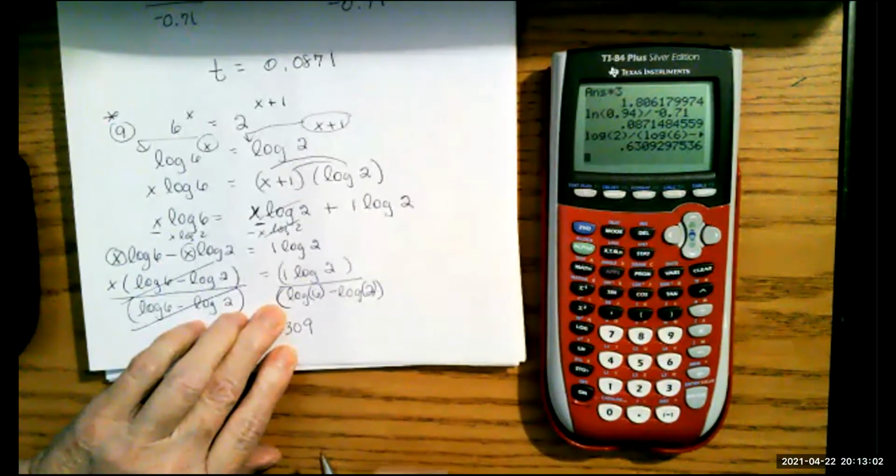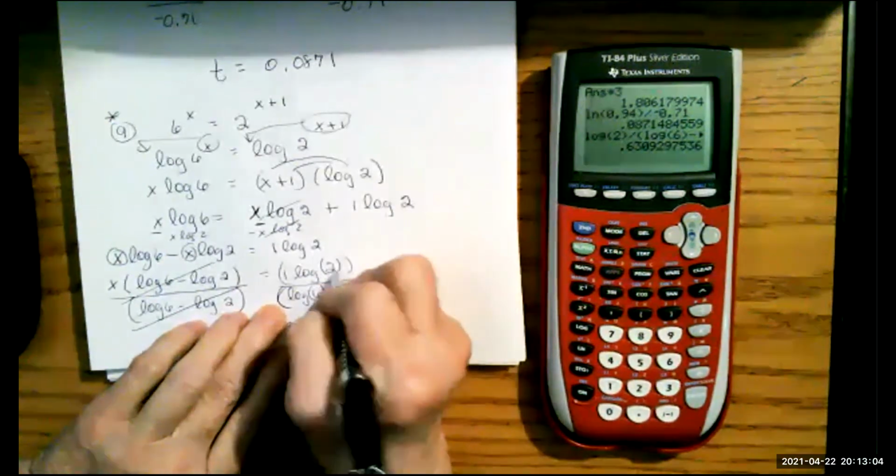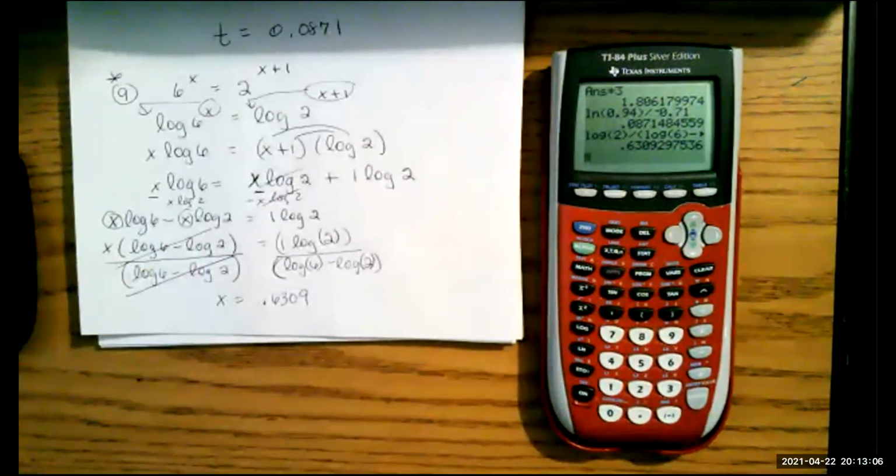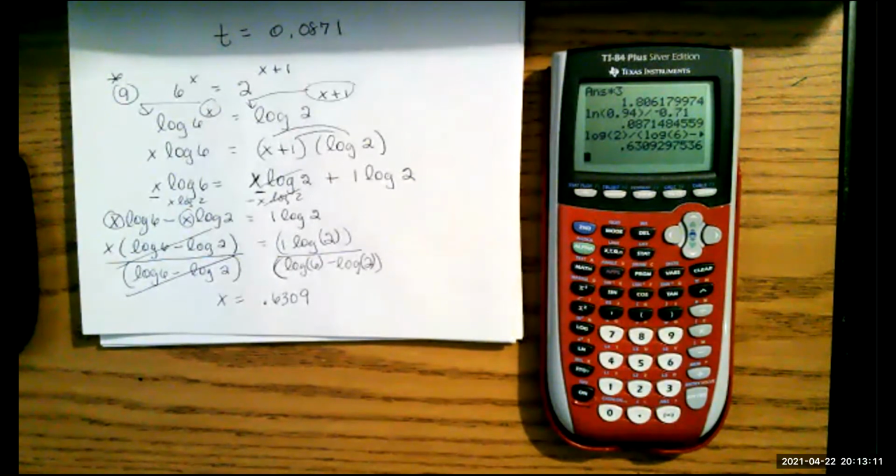So I'm just doing 1 log, then 2, close parentheses. Then under that, I'm doing log, divided by 6. Did you put log 6?